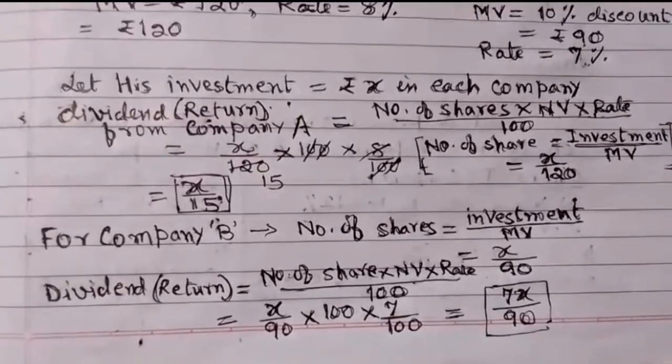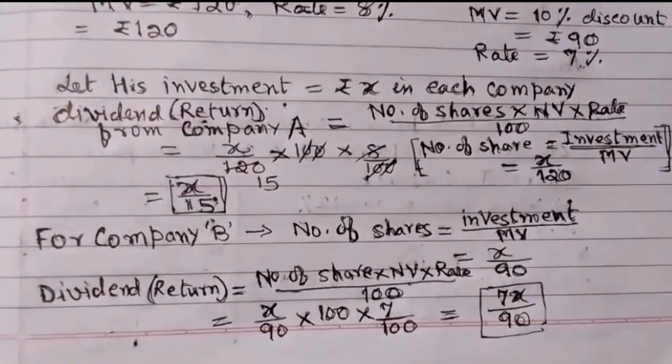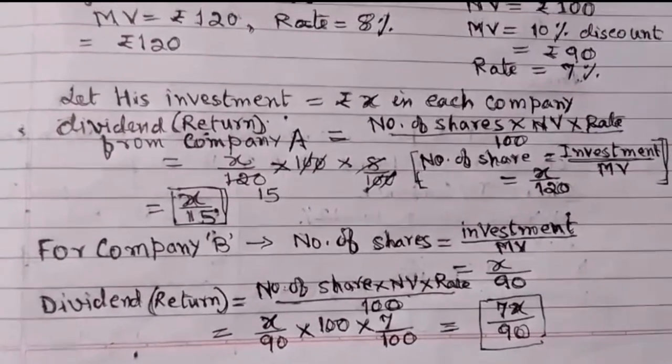That is X upon 120 into 100 into 8 divided by 100. We get X upon 15.